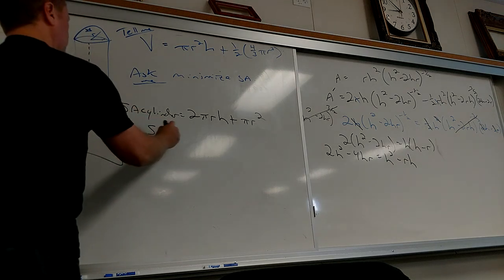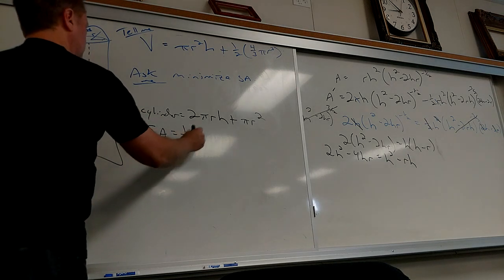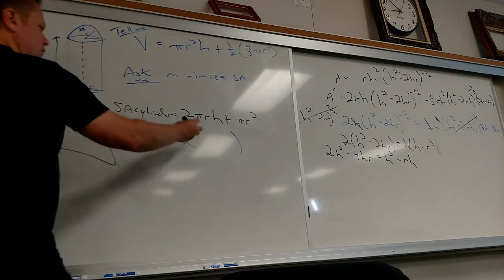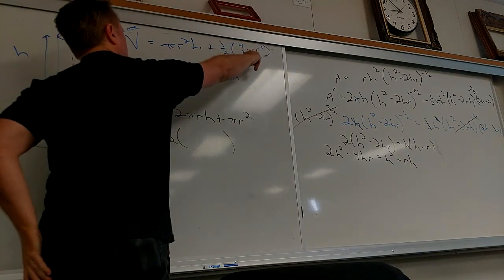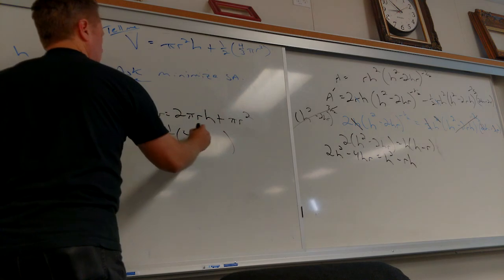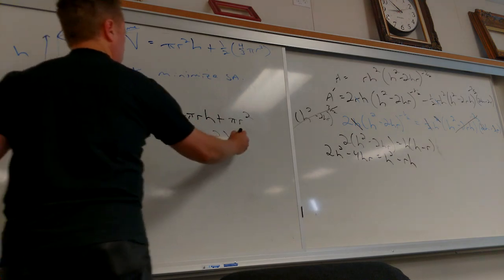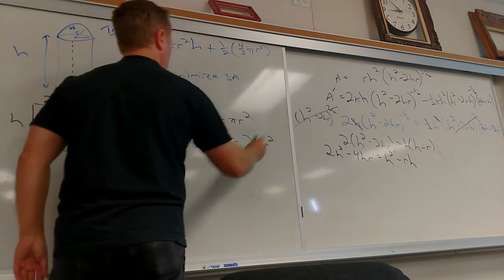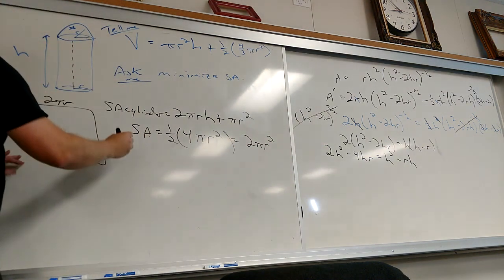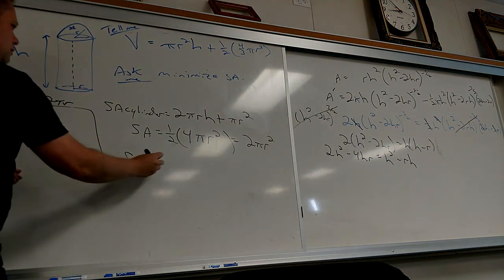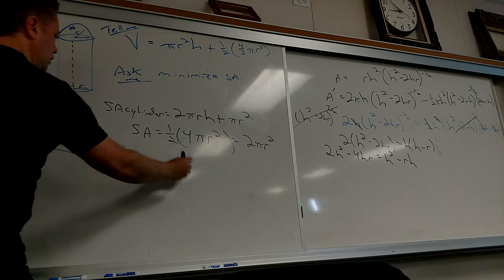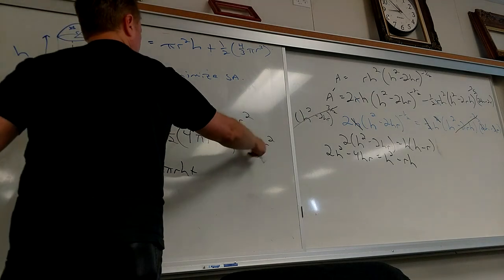I don't know if you guys remember the surface area formula of a sphere. So it's a hemisphere. It's really just the derivative of this guy, which is kind of nifty. So the surface area of the whole shape is going to be 2 pi r h plus 3 pi r squared.